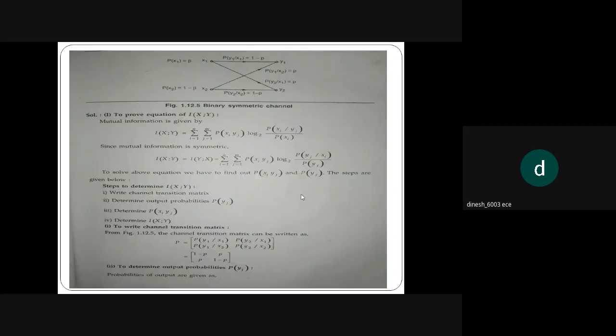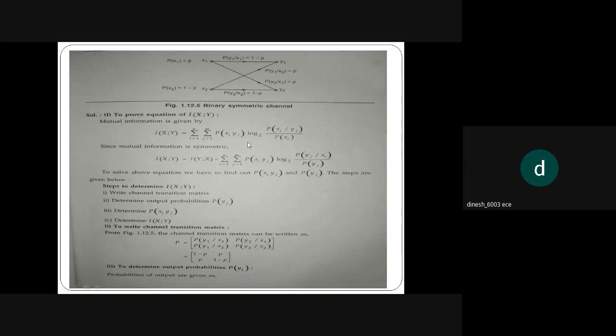Okay. So you can solve it easily only by knowing this formula. This is your information formula. If the information formula is known, it's very much easier. So write the formula. I need to find p of xi, p of xi given yj, p of xi comma yj, conditional entropy, and joint entropy.